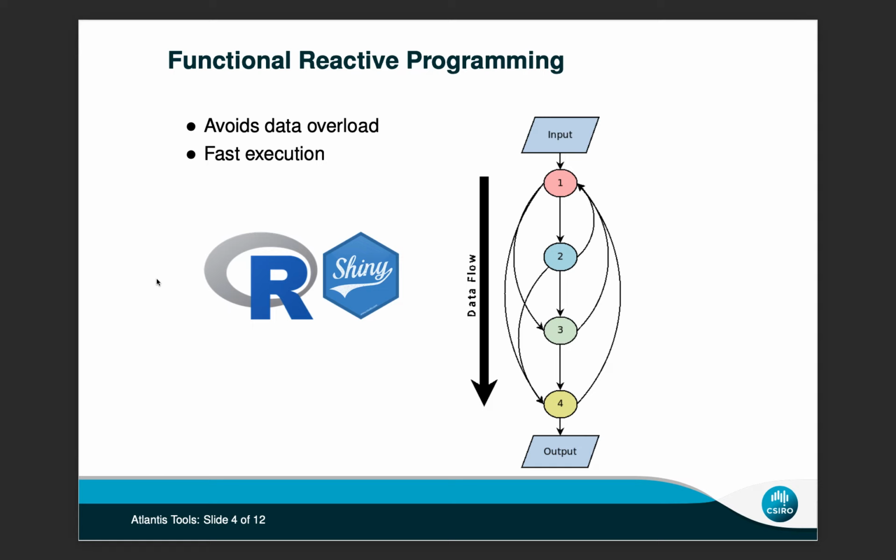So the idea behind this reactive approach is that you avoid data overload. That is something very easy to run into in Atlantis, especially because you have output that can be close to 1 gigabyte. And even though I love R, it is not really efficient dealing with big data.